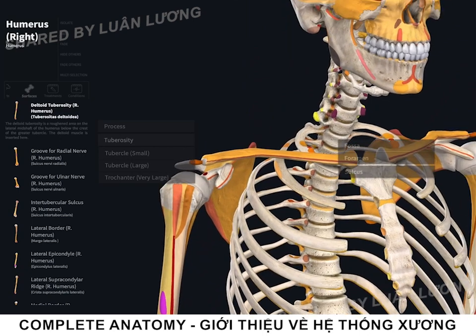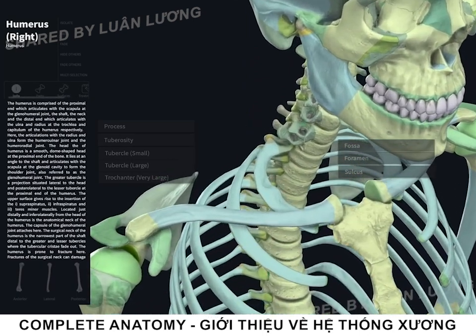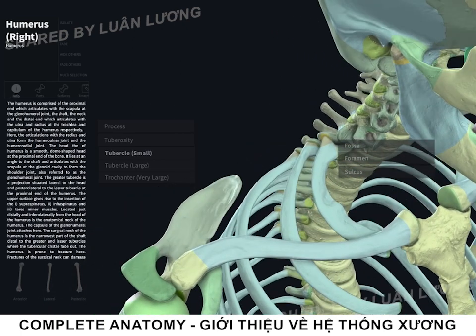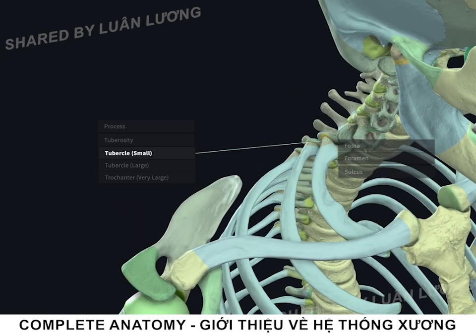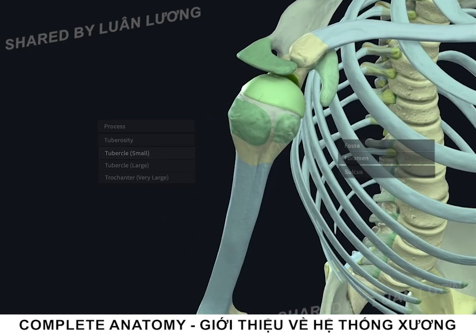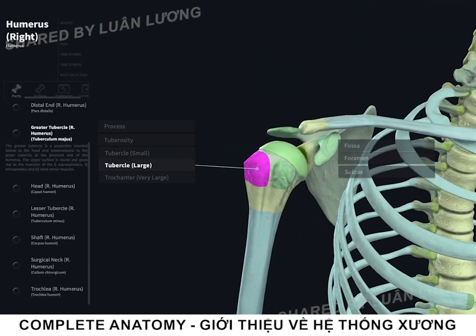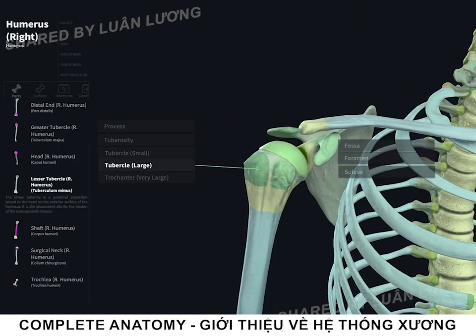Now, we're also going to see other extensions of bone that vary in size and hence are going to get different names. For example, we're going to have a tubercle, or a small bump, that is going to be between our ribs and the vertebra. We're also going to have a tubercle that is a large bump out here on the humerus, and it gets the name greater tubercle or lesser tubercle, depending on its relative size to the other bump.